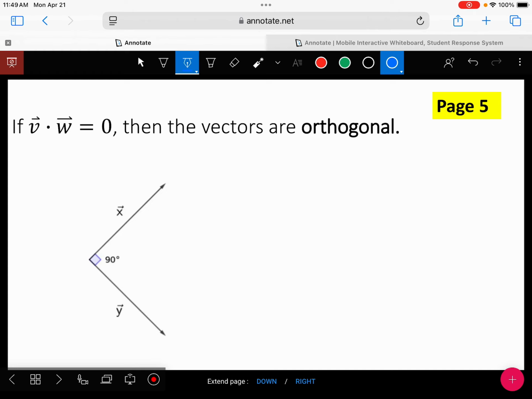So orthogonal, that word orthogonal, you can draw it if you want to, but basically what that means is that the two vectors form a right angle. That's what that word means, okay? So the two vectors form a 90-degree angle.